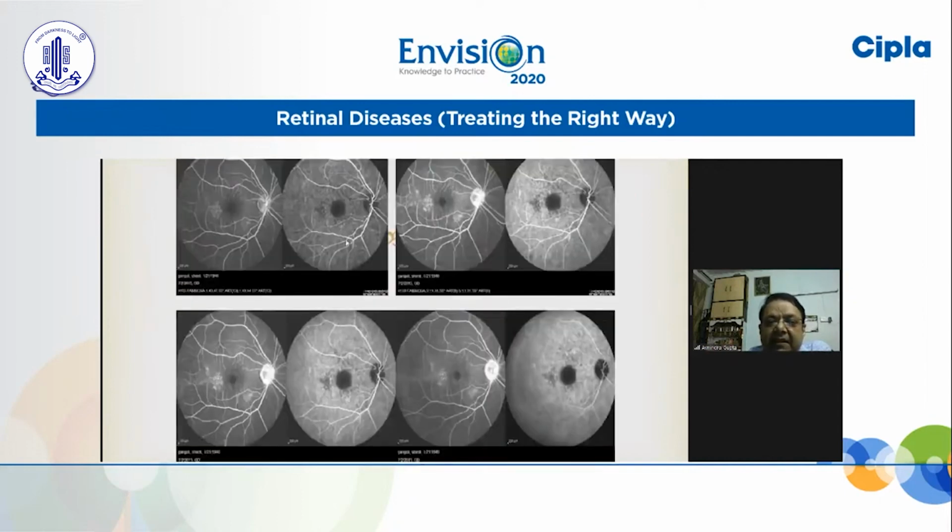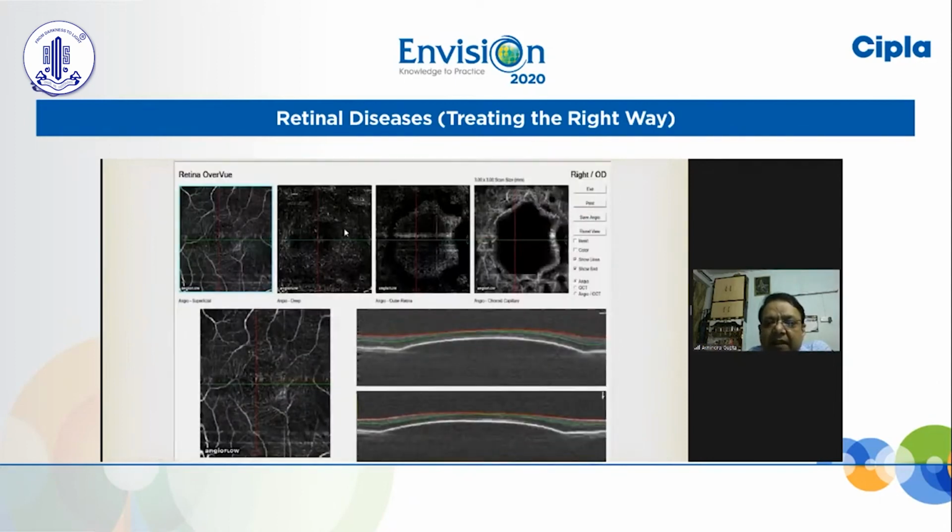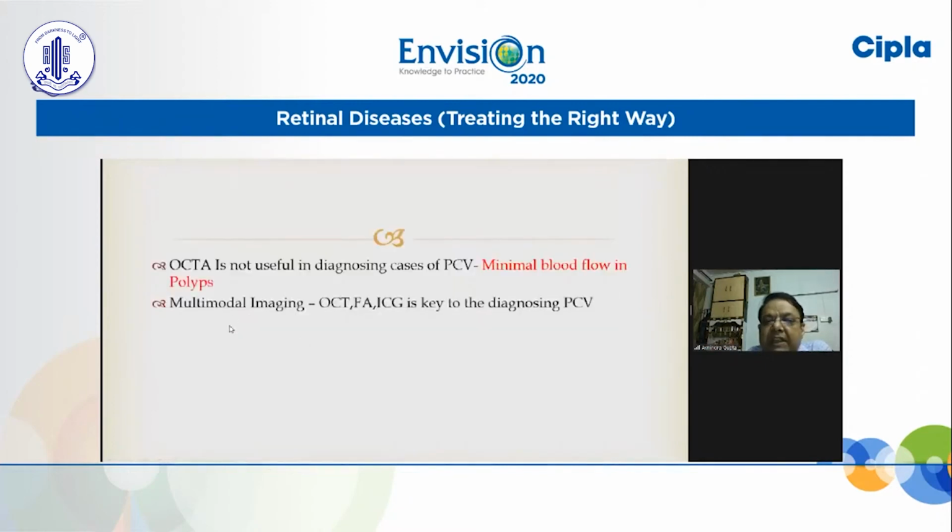This is another patient. You can see a PED here, 2 small polyps. And on OCTA, we cannot see any polyp here. So to conclude, OCTA is not useful in diagnosing cases of PCV. Why are we not able to diagnose PCV on OCTA? Because there is minimal blood flow.